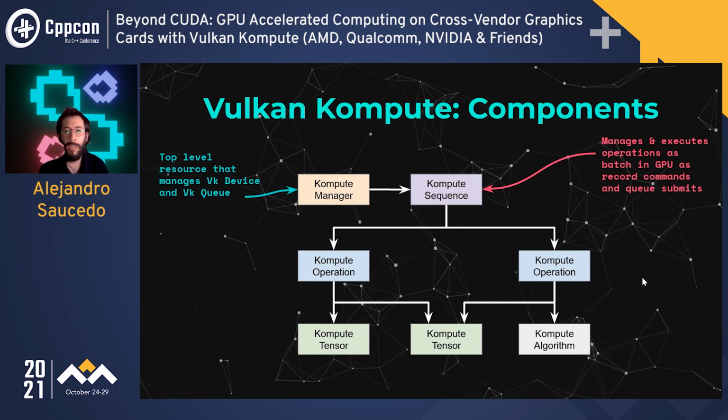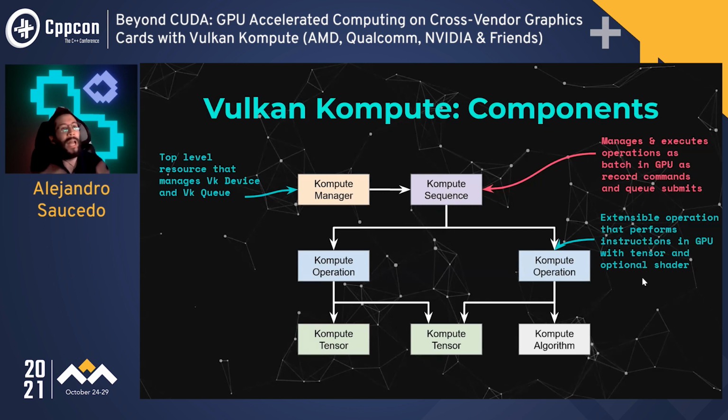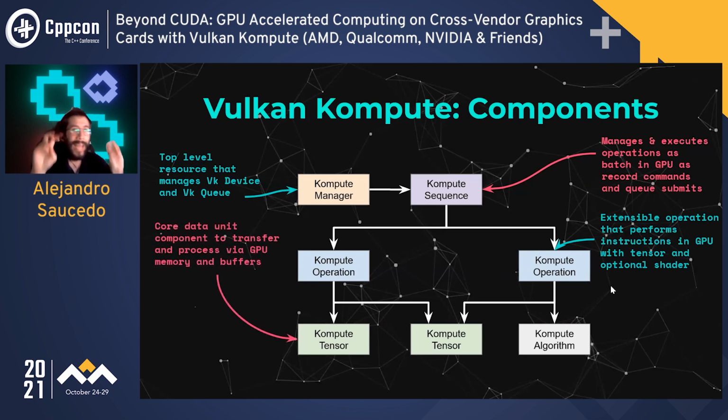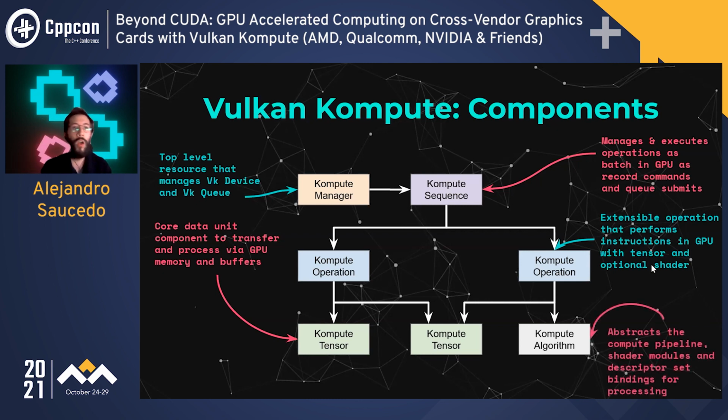So there's some analogy on that. There is the concept of operations, which are basically analogous to kernels, which contain the abstraction of what is done. A tensor is basically analogous to the memory buffers, which would hold and manage the memory, specifically on the GPU side, as well as the algorithms, which encompass the concept of the shaders, the descriptor sets, et cetera.